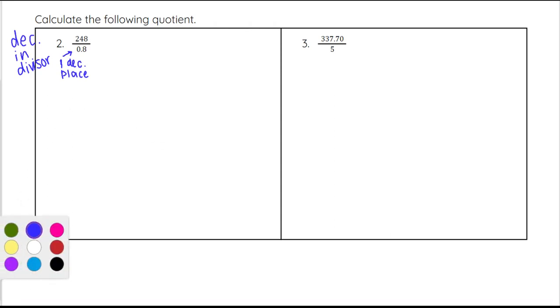So essentially, we are going to multiply the bottom and the top by 10 so that there are no more decimals in either one. Now, the top never had a decimal, but the bottom did. So if I multiply by 10, because that's 1 decimal place, that'll move it to the right 1 decimal place. On the bottom, I have to do the same thing on top to keep this as the same quotient, the same answer in the end.